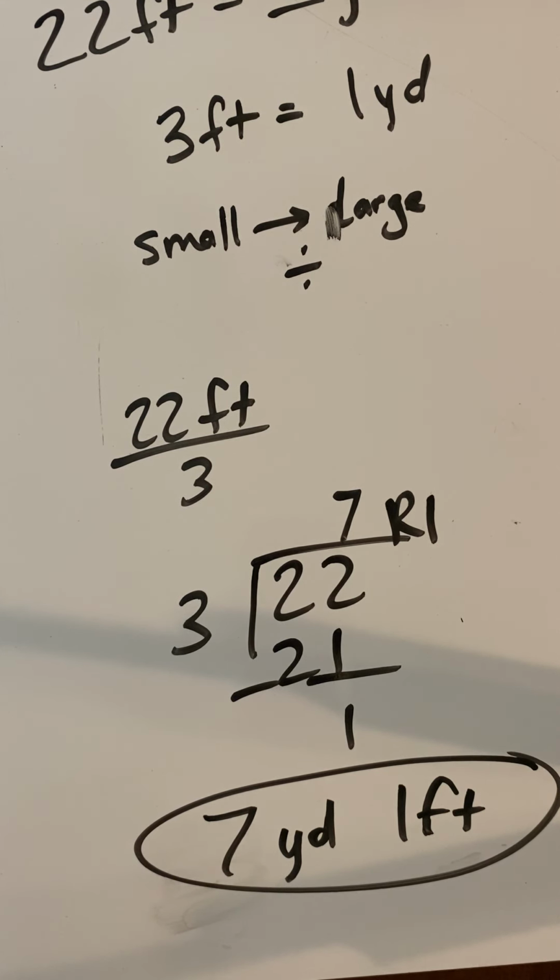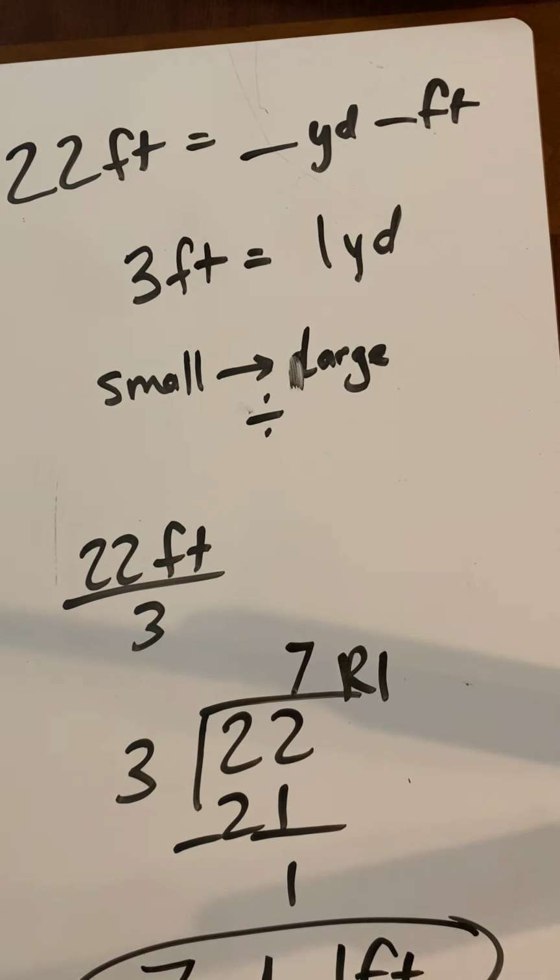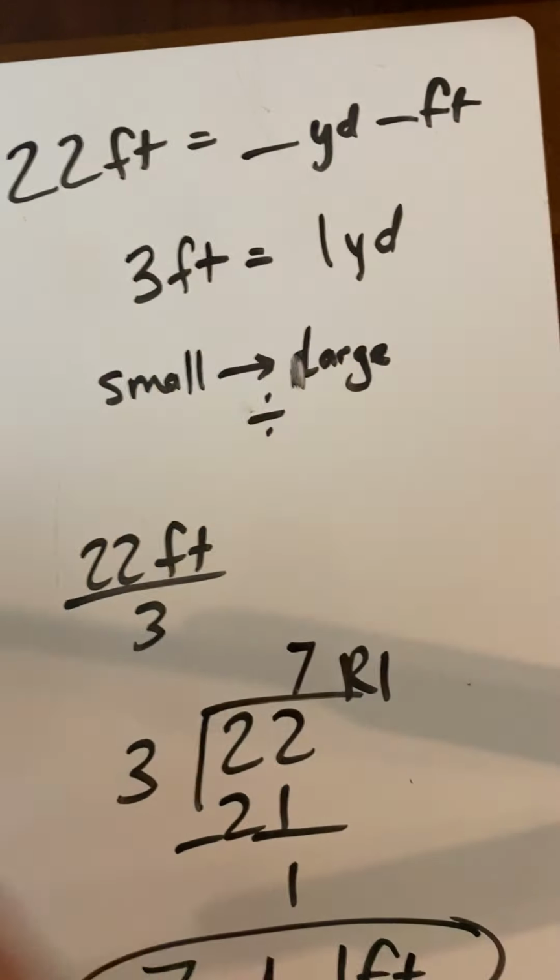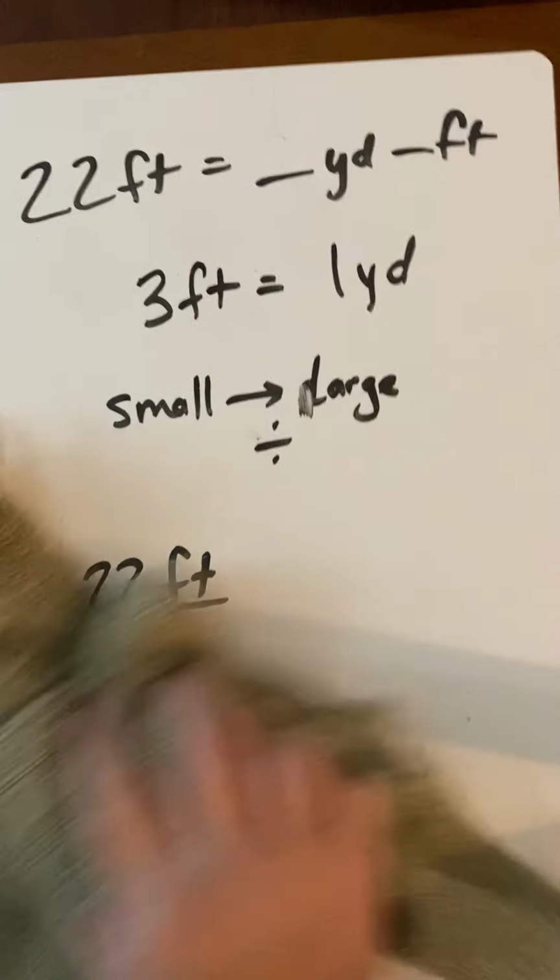The remainder here is important because it will give you how much you have left over. I think I showed a decimal before, but we're going to stick to units, to do the remainder and not worry about the decimals.